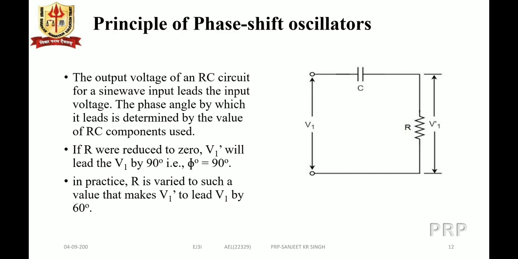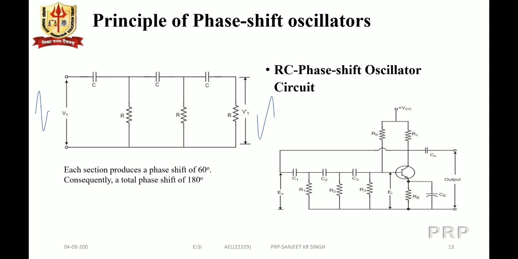That is, the phase difference is 90 degrees between the input voltage V1 and V1 dash. In practice, the resistance is varied to such a value that the output across the resistor will lead V1 by 60 degrees. So that is the principle behind the phase shift oscillators.